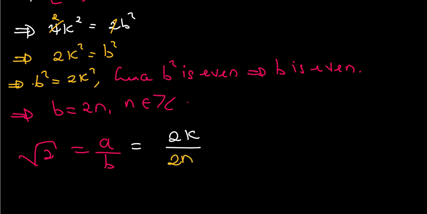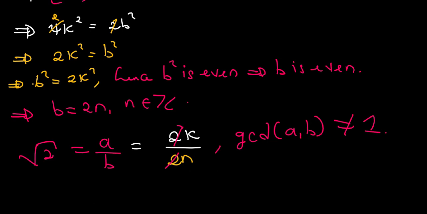So what do we observe? We observe that the quantity 2 can cancel out. Just the fact that we can cancel out the 2's means that the greatest common divisor between a and b is no longer 1.